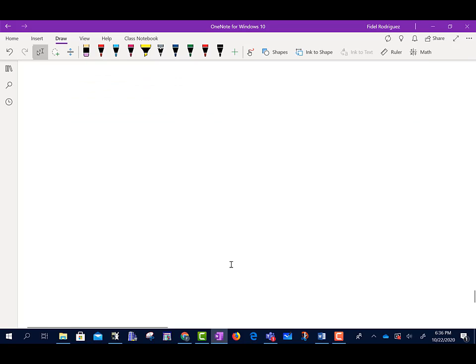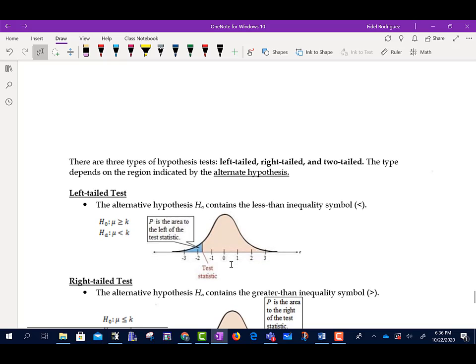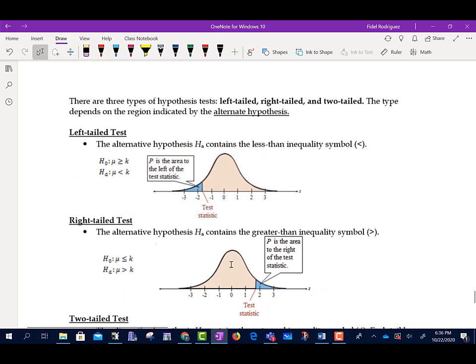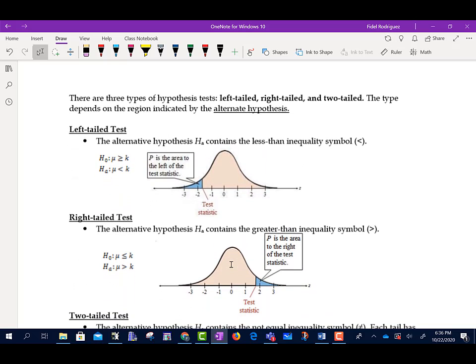So now we have 3 types of hypothesis tests. We have left-tailed, right-tailed, and two-tailed. The type depends on the region indicated by the alternate hypothesis, okay? So I'm going to be looking at my alternate hypothesis to determine whether we have a left-tailed, right-tailed, or two-tailed test.